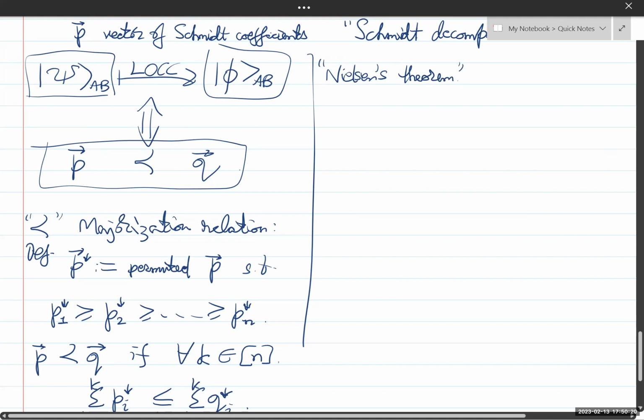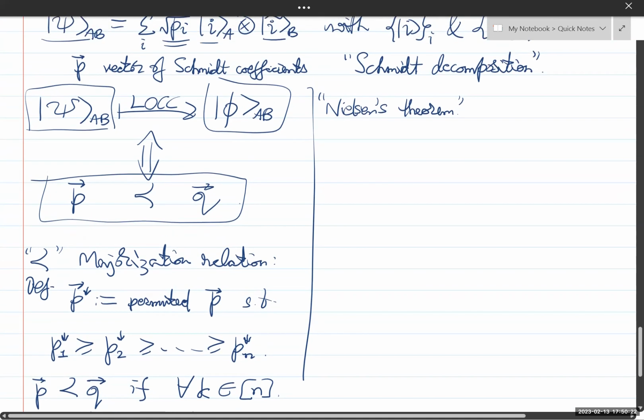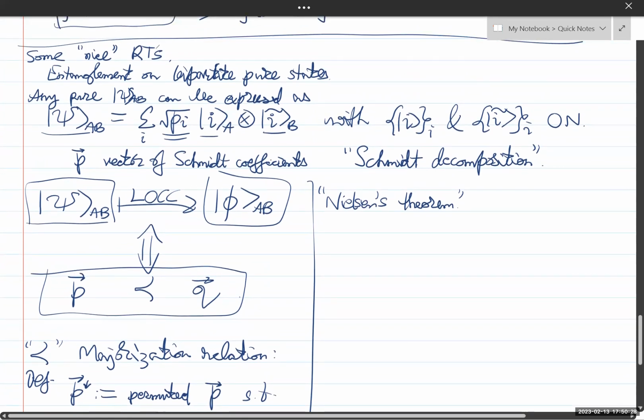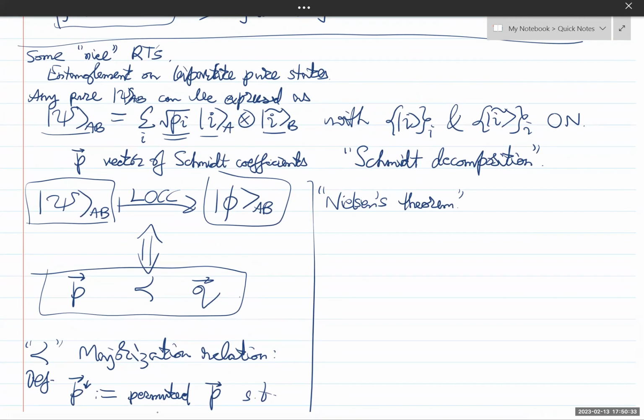And it's so powerful that as soon as you have majorization involved in at least some part of a resource theory, like here we have entanglement theory, but only for the pure states the condition is given by majorization, that opens up a whole lot of powerful tools related to majorization that you can then bring to bear on problems in the resource theory, even outside of just the pure state case.